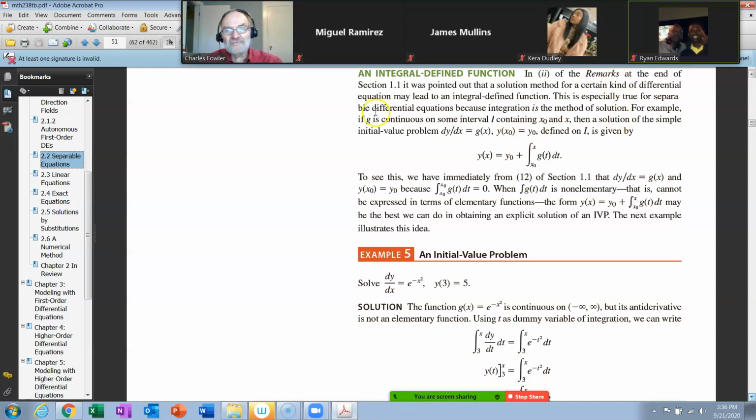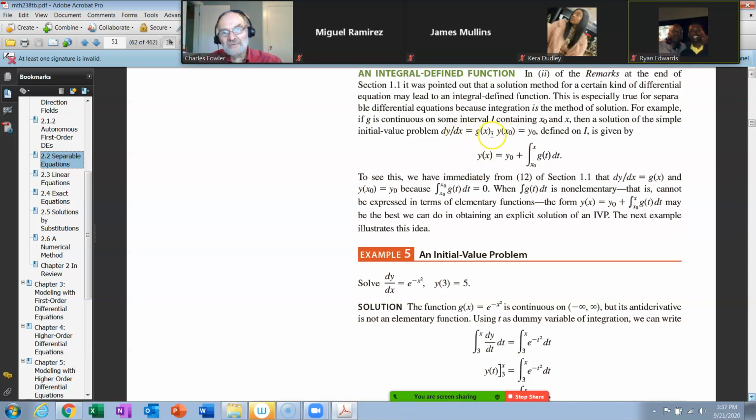So for example, if g is continuous on some interval I containing x0 and x, then a solution of an initial value problem, dy dx equal g of x, where y of x0 would be y0, is defined this way. Write that in differential form.